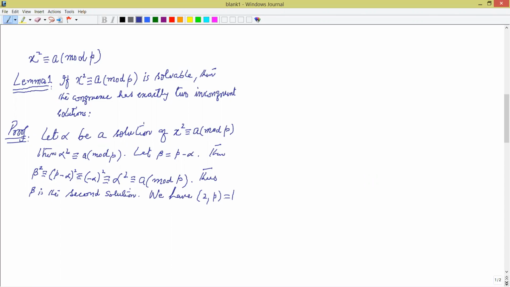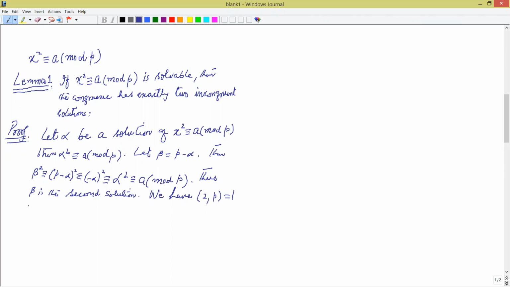So it means P is not equal to 2, and P minus alpha is not equal to alpha. So beta is different from alpha.